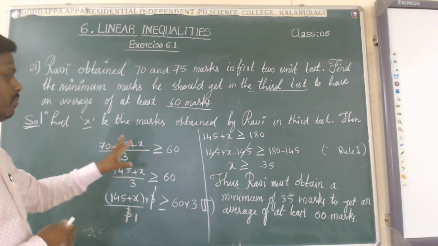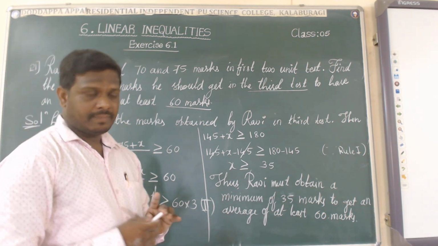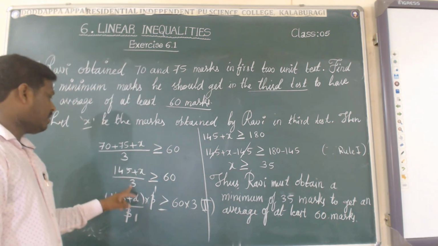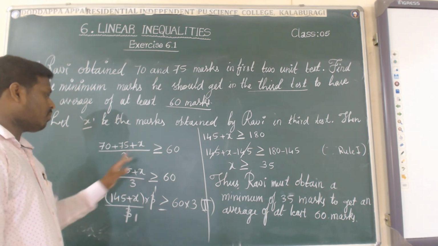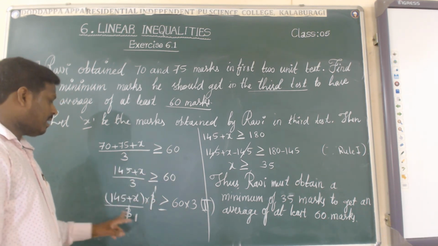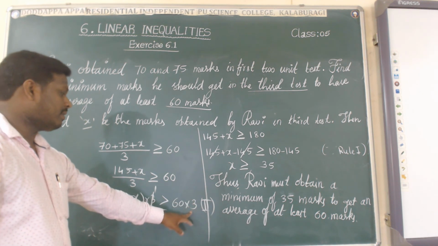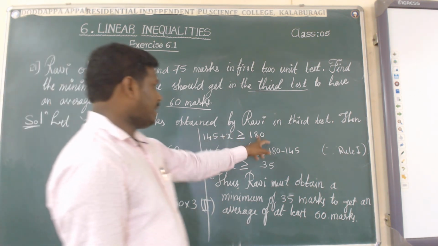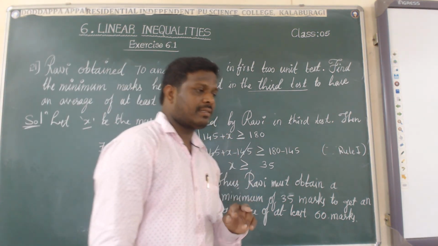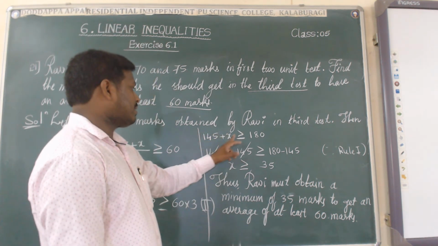So simplify by using the inequality rules. I am going to remove the 3 from the LHS side, so I multiply both sides by 3. When you multiply 3 into 60, you get 180, and here it becomes 145 plus x is more than or equal to 180.